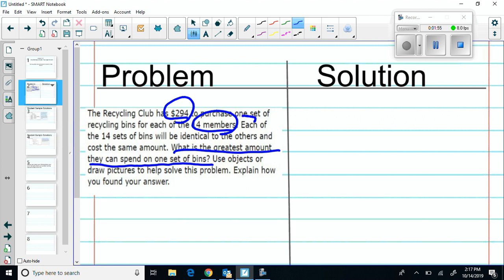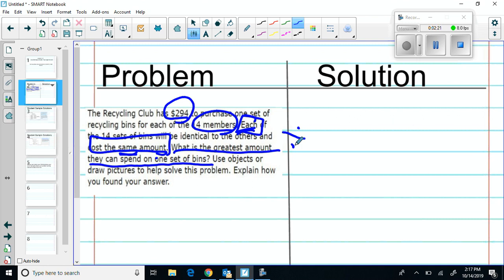One is each of the 14 sets of bins will be identical to the others and they will cost the same amount. Oftentimes when we see words like each or they'll cost the same amount, it means that we're going to be dividing when we evaluate. Those are just some light bulb words that you pick out.